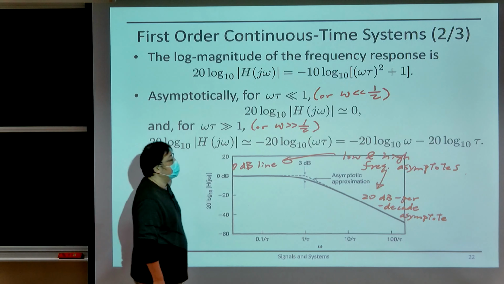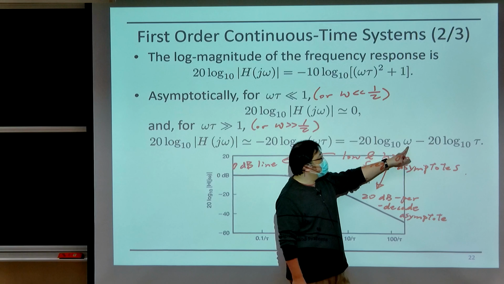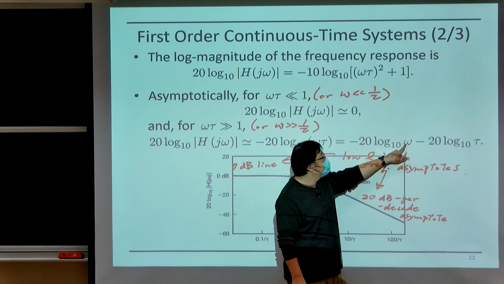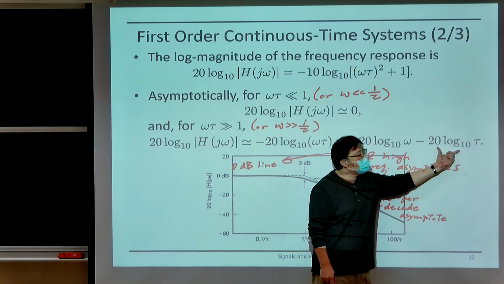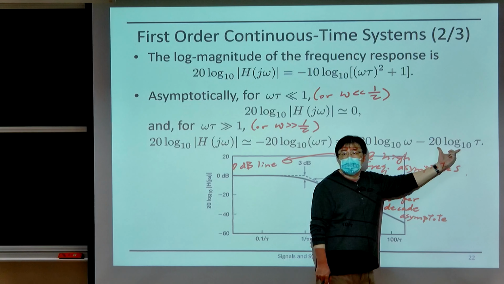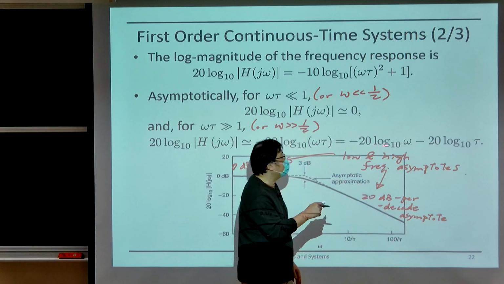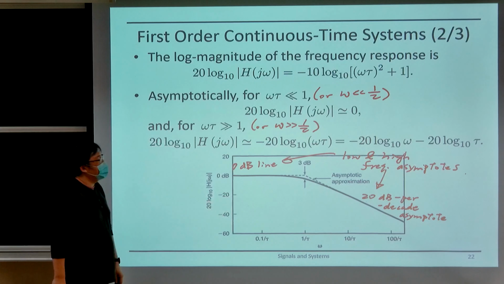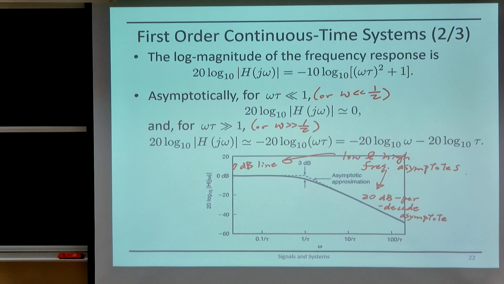So if omega is equal to 1 over tau, then this term becomes equal to this term, so they cancel out to become 0 dB. So the intersection occurs at omega equal to 1 over tau, which we call the break frequency.